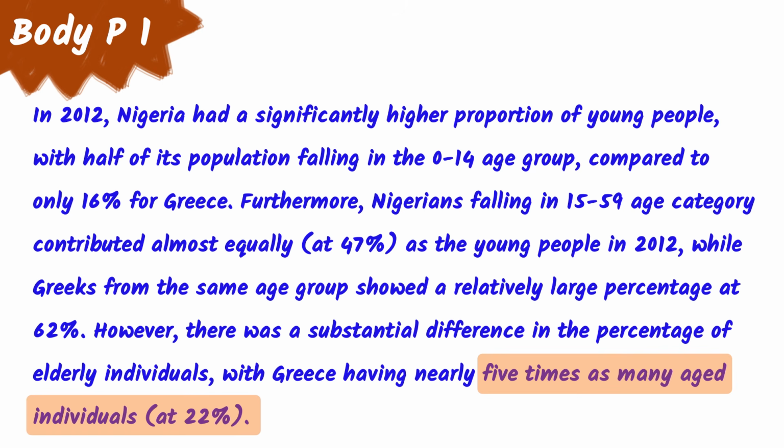So when I say it's 5 times as many, and I say that it's 22%, it shows that for Nigeria, it's 4%, right? So this is the way that I can make variety in writing my report and using the structures. This is a great way that you can also use in your report.